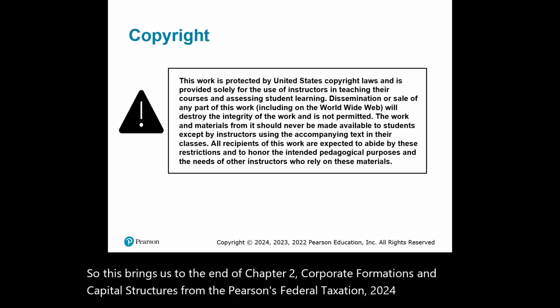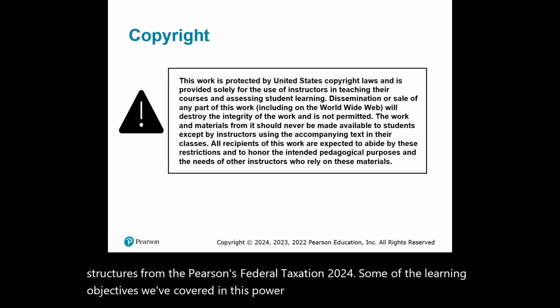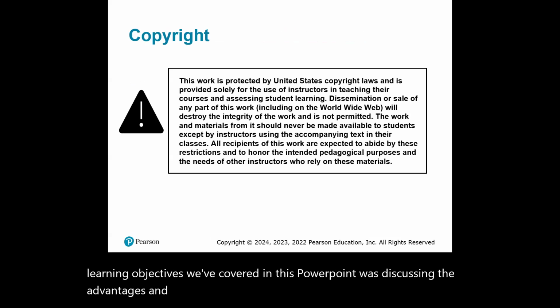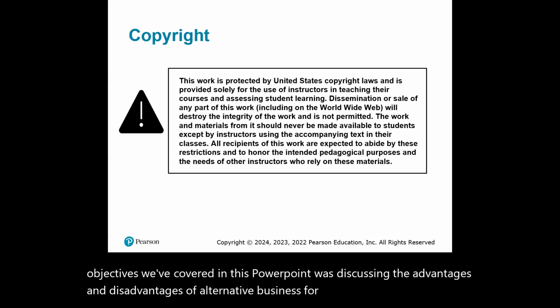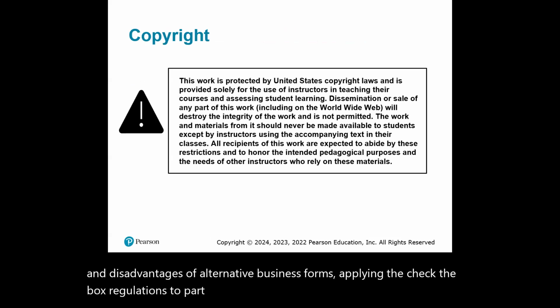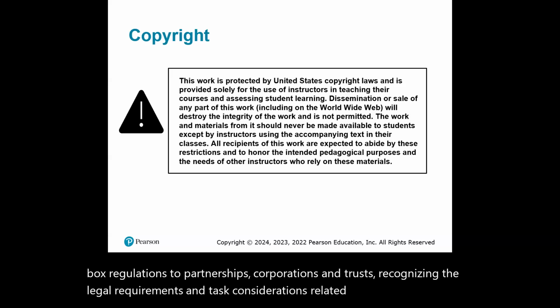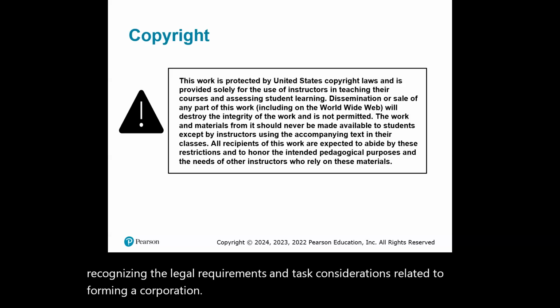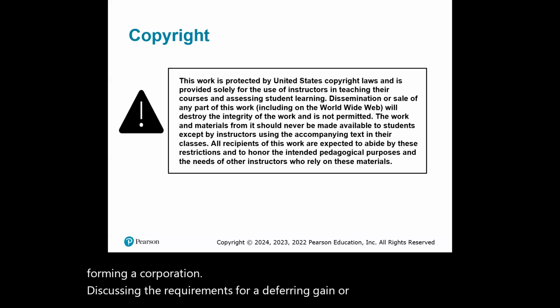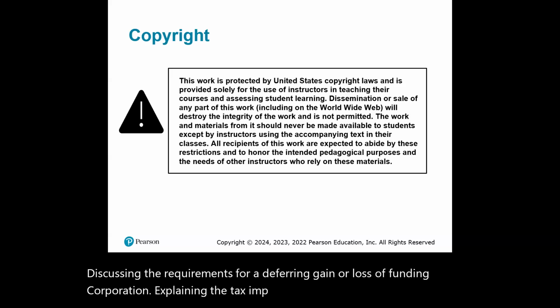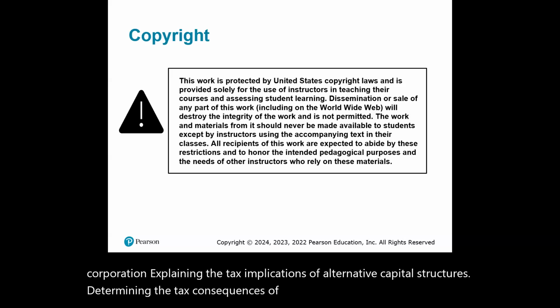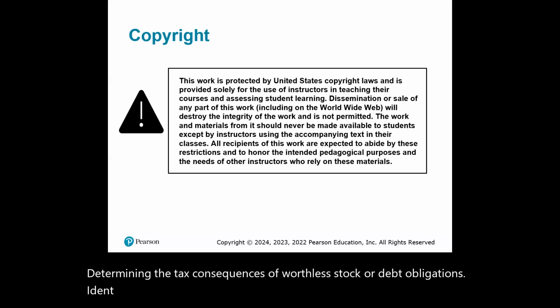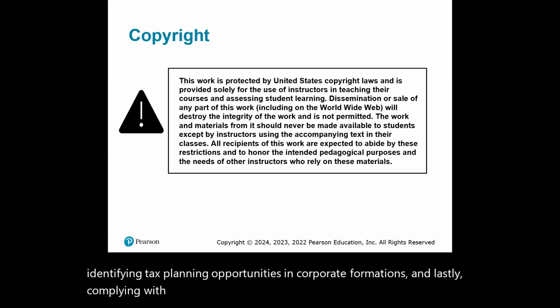Some of the learning objectives we've covered in this PowerPoint were discussing the advantages and disadvantages of alternative business forms, applying the check-the-box regulations to partnerships, corporations, and trusts, recognizing the legal requirements and tax considerations related to forming a corporation, discussing the requirements for deferring gain or loss upon incorporation, explaining the tax implications of alternative capital structures, determining the tax consequences of worthless stock or debt obligations, identifying tax planning opportunities in corporate formations, and lastly, complying with procedural rules for corporate formation.